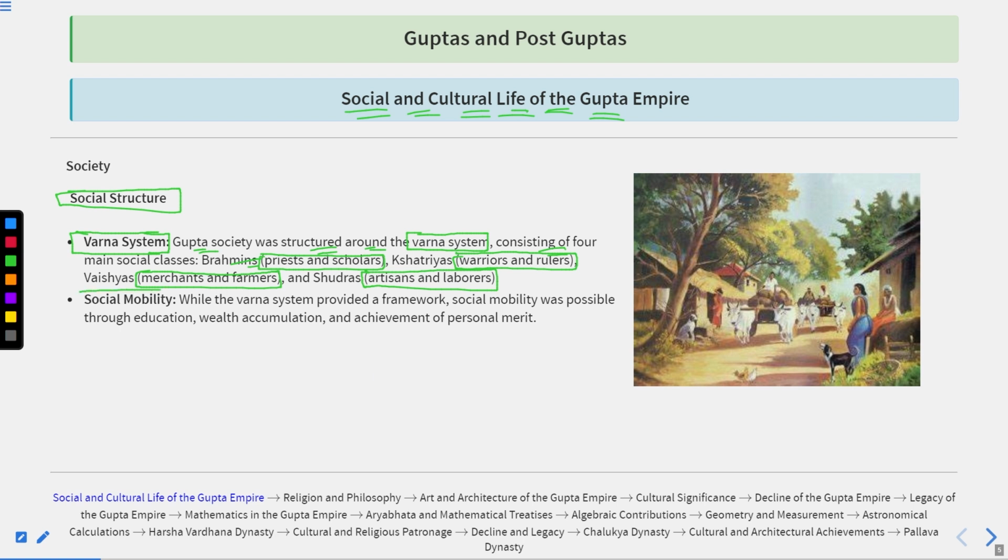Thereafter, we had social mobility. While the Varna system provided a framework of societal division, social mobility was possible through education, wealth accumulation, achievement of personal merit and so on.